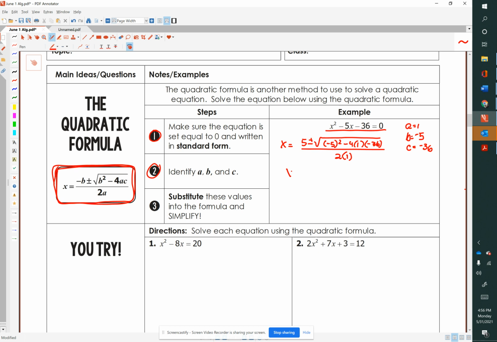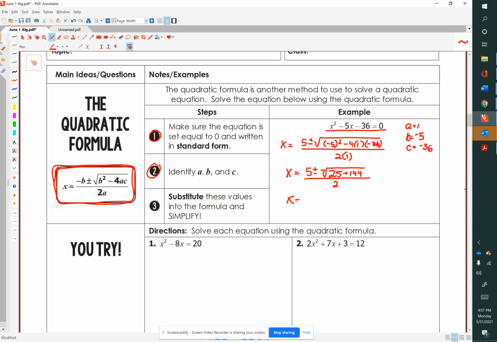We'll just continue to simplify that. We have the 5 plus or minus the square root of 25 plus 144, all of that over 2 times 1, which is 2.